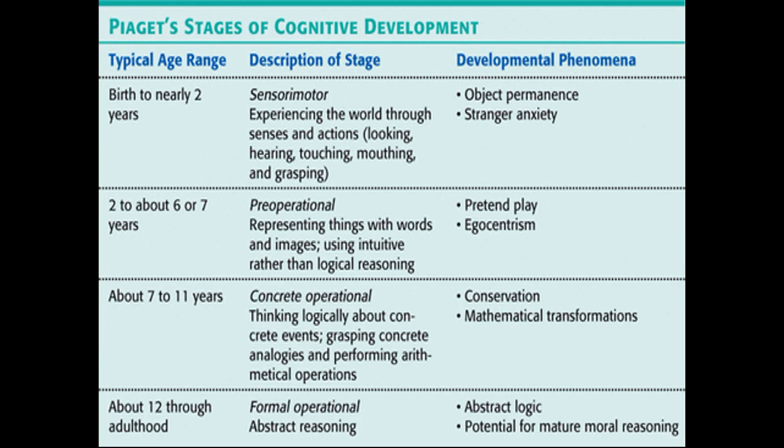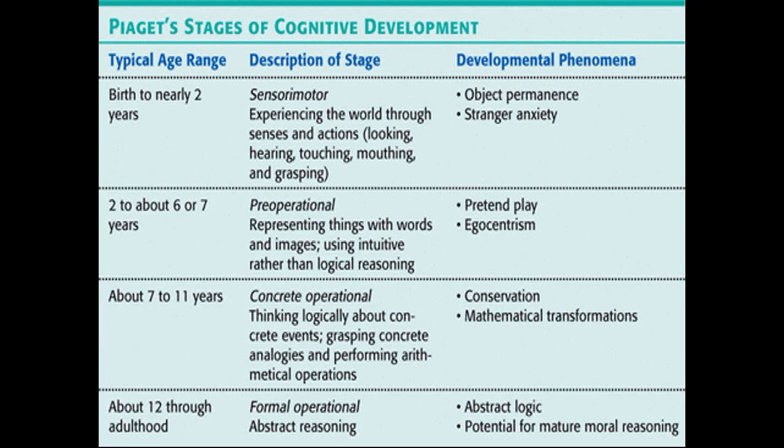First is the sensorimotor stage. It is birth to 2 years. During this stage, the child starts to experience the world through senses and action. For example, he is seeing objects, he can touch the object, he can feel the object, he can hear with his ears. The developmental phenomena are object permanence and stranger anxiety.